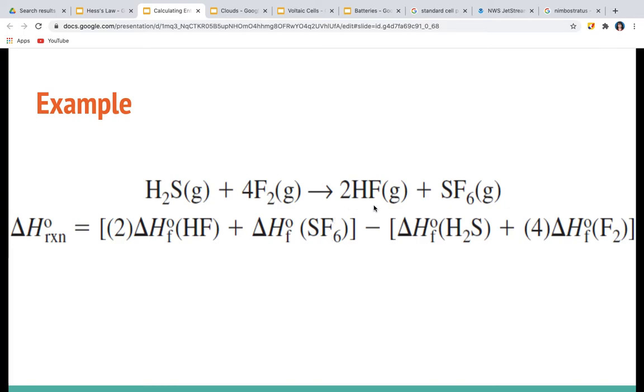We're going to subtract from that the enthalpy of formation of hydrogen sulfide and 4 times the heat of formation of fluorine.